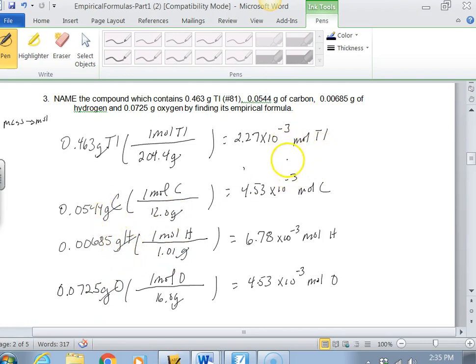Okay, we choose the smallest value and divide the rest by that number. So we're going to divide by 2.27 times 10 to the negative third. So this is going to equal 1. This is 2. This is 3.